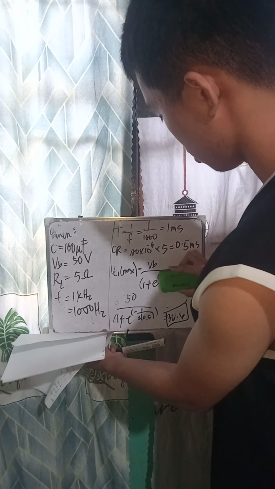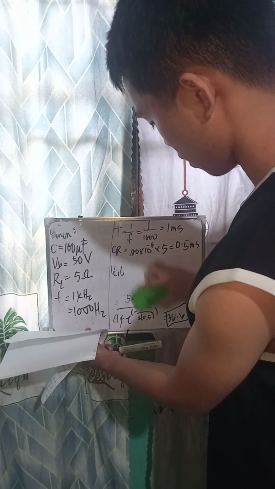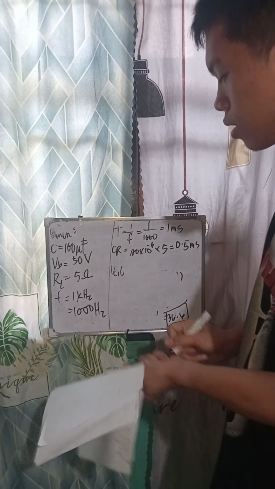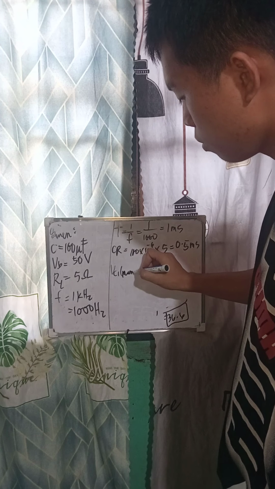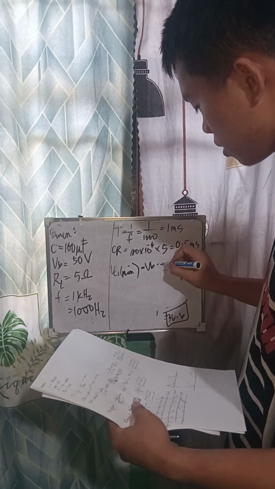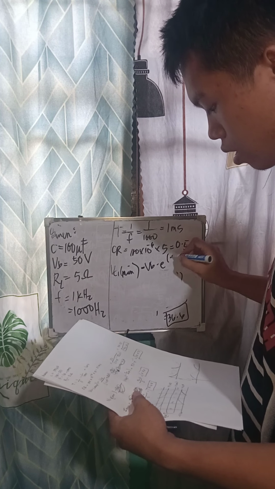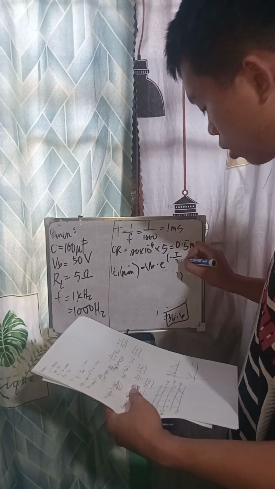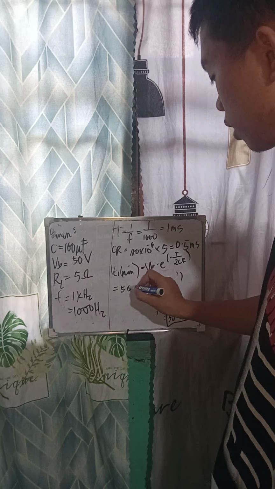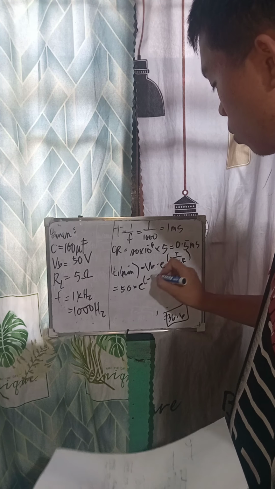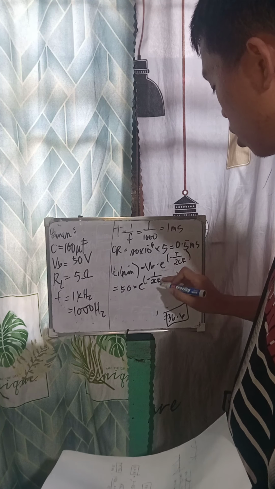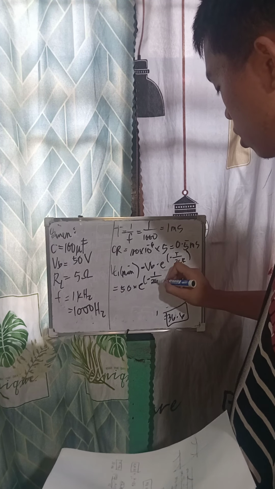So let us erase. We have now 36.6, and then for the minimum value, we have the formula of VB times e raised to negative T over 2CR. So VB is 50 times e raised to negative 1 over 2 times 0.5.